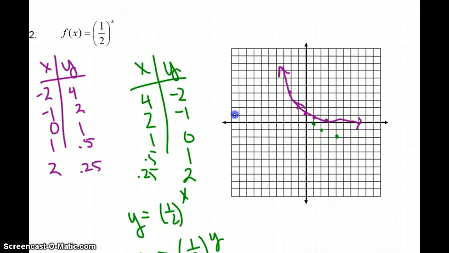Notice how the y-intercept here was 0, 1, and now our x-intercept here is 1, 0. Okay, now I'm going to graph 0.5, 1, and 0.25, 2.